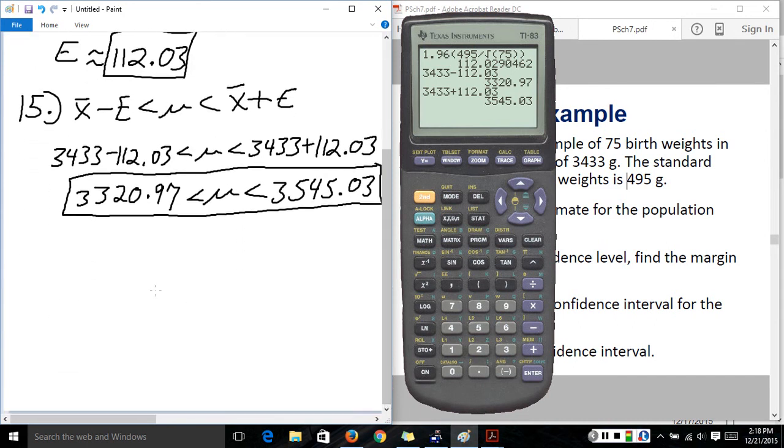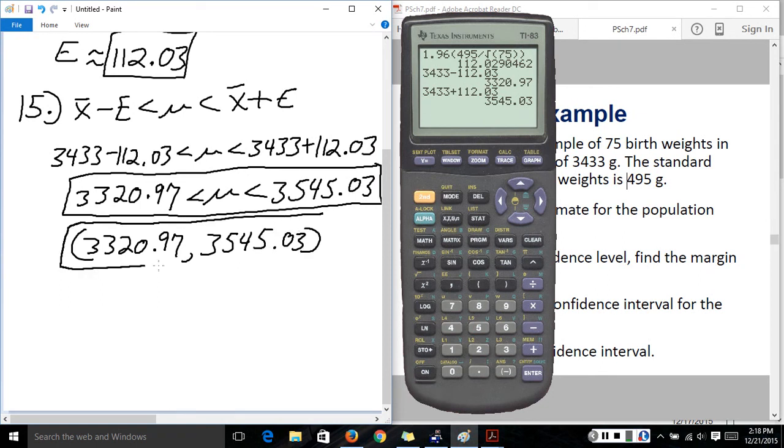Another way I can write this confidence interval is in interval notation. Like that. It looks like a point, but it's actually an interval. The less thans are illustrated in interval notation by the use of the curved brackets. If those were square brackets, they would be less than or equal to's.